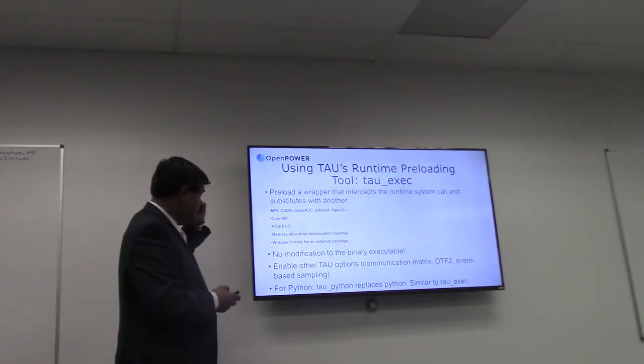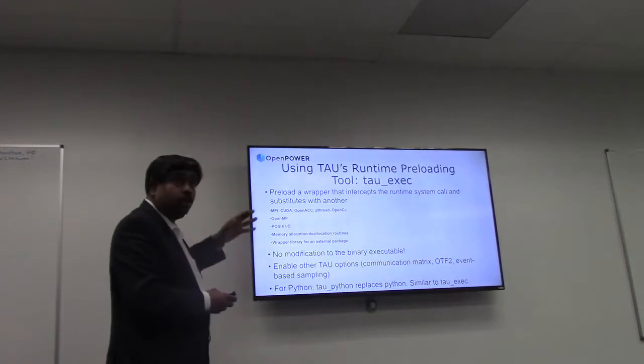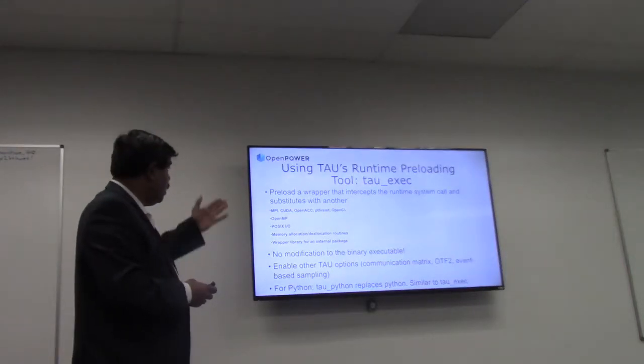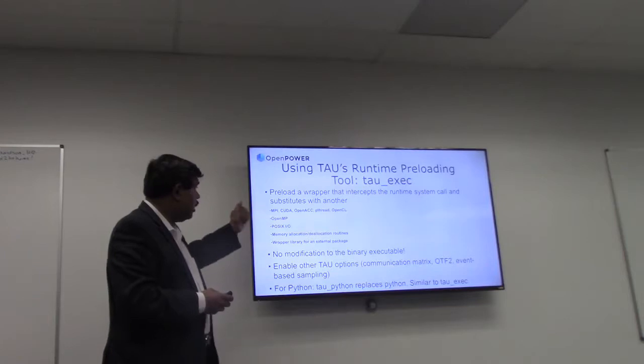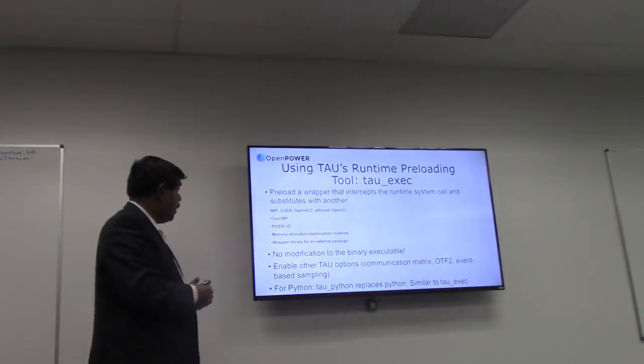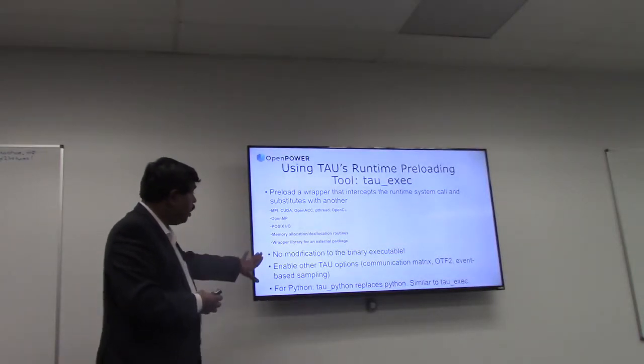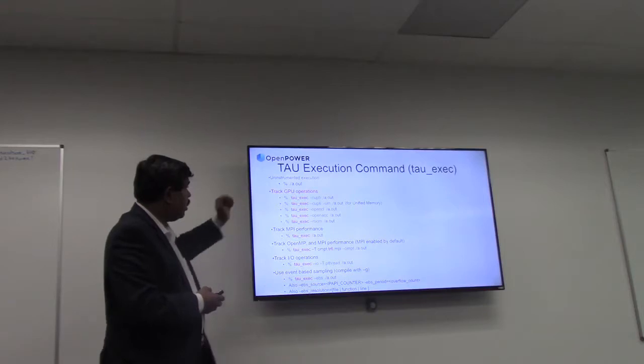So tau_exec is this interesting tool where you can just intercept calls from the runtime, including MPI, OpenCL, OpenACC, CUDA, pthread, and now even AMD ROCm. And you can select memory instrumentation. You do not need to modify the binary. This is how it works.